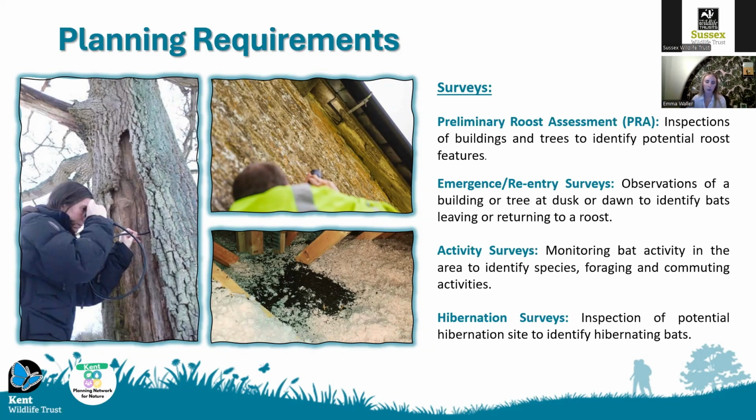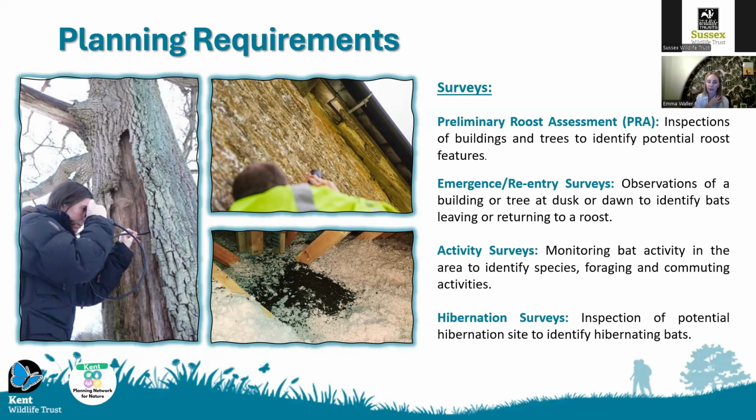So a preliminary roost assessment is often undertaken at this stage, which involves an inspection of all buildings and trees within the application site to identify potential roost features, such as woodpecker holes, lifted bark on trees, or gaps under hanging and roof tiles, or gaps at the eaves, gable ends, or soffit boxes.